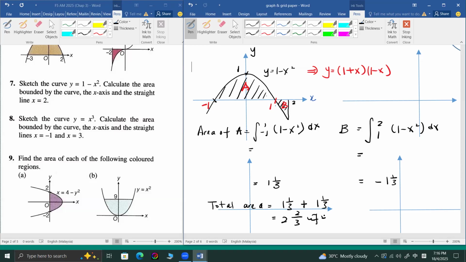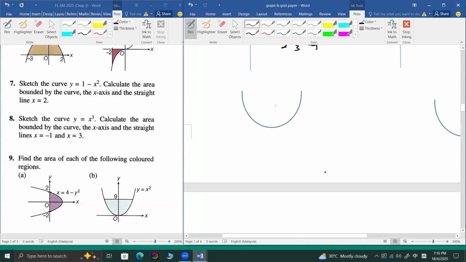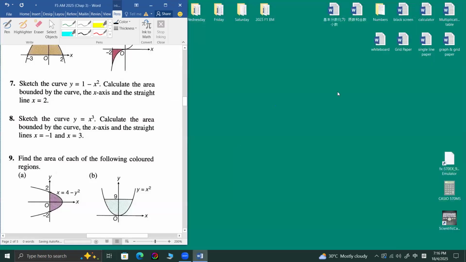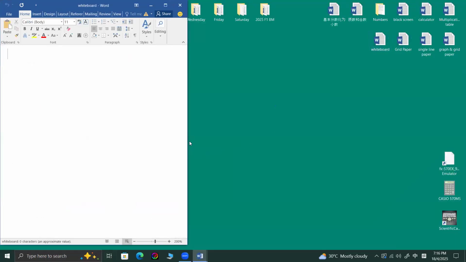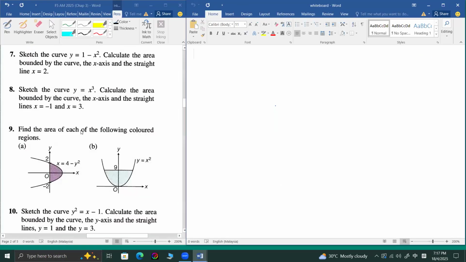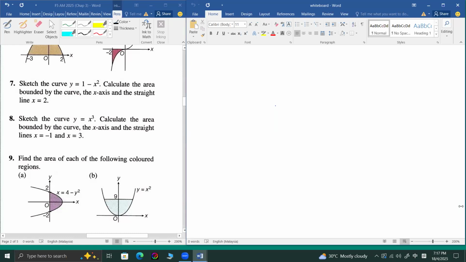Okay, can follow? This is the way how you get it. Now what about number 8? See number 8. Sketch the curve of y equal to x cubed.